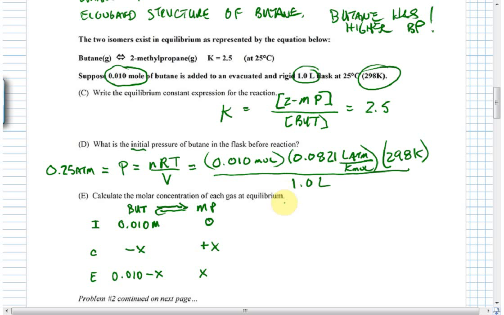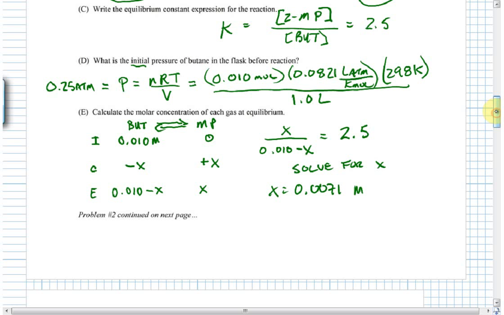Again, plug into the equilibrium expression. X, the methylpropane concentration, over 0.010 minus X for the butane concentration. We know that at equilibrium, that ratio has to be equal to 2.5. Solve for X. I'll let you do the algebra. When you solve for X, X works out to be 0.0071 molar.